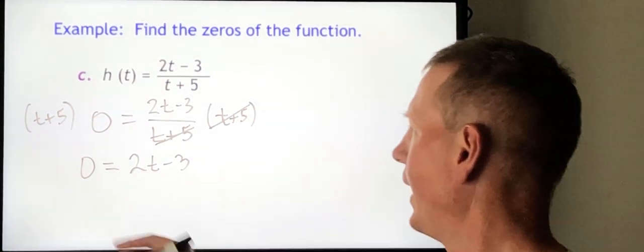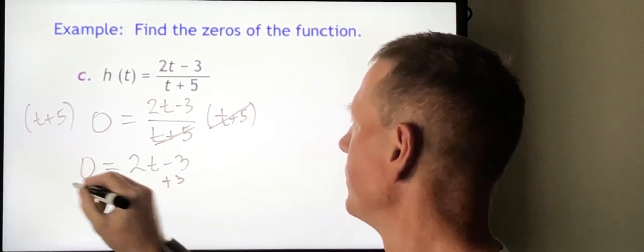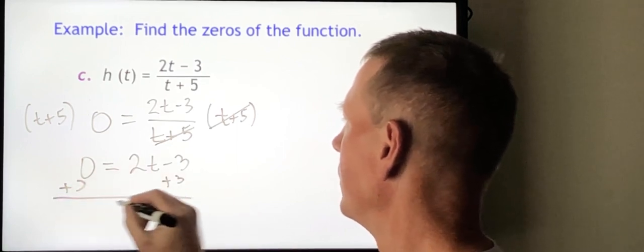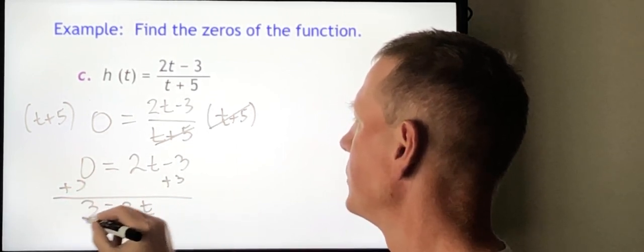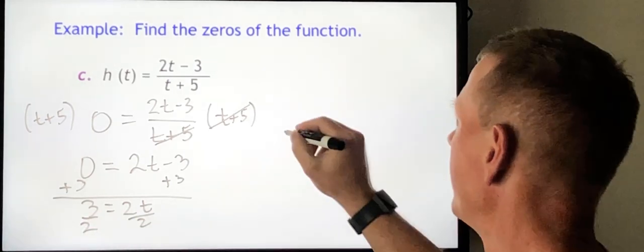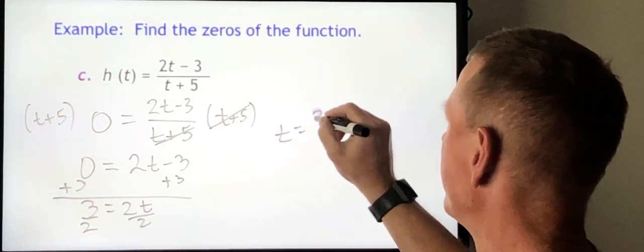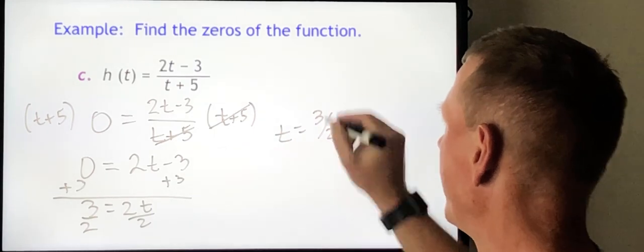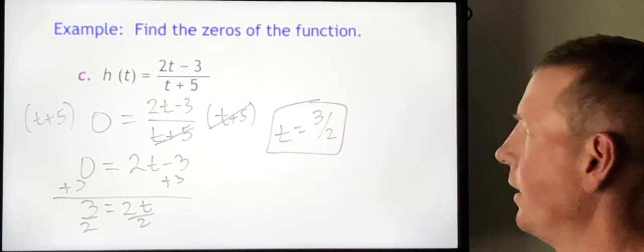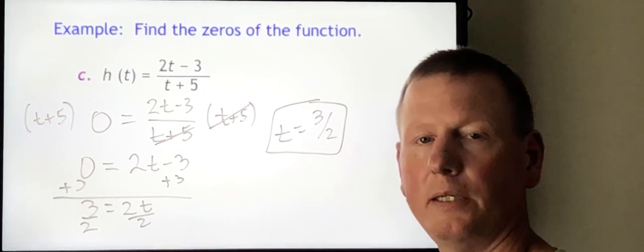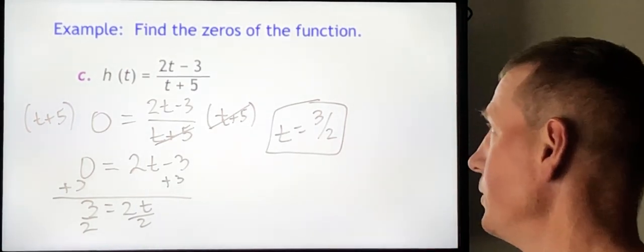Then I can go ahead and add 3 to both sides. So 3 is equal to 2t. I divide both sides then by 2. I find here that t is 3 over 2, or 1.5. Okay, so again, in this particular problem, just 1 zero, 3 over 2.